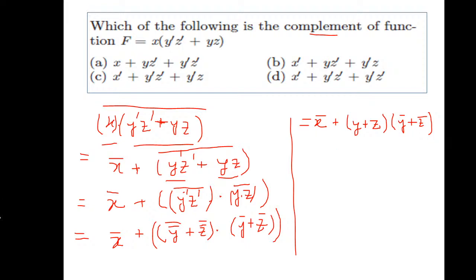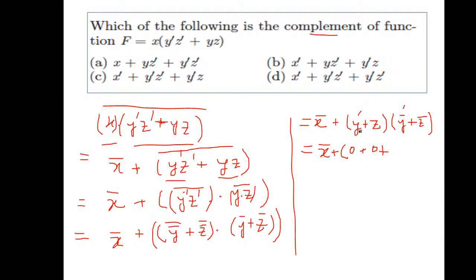Now if you do this one, what you are supposed to get? You have to multiply y with y bar, that will give you what? So I am writing x bar first, then y, this will be plus, then y into y bar will give you 0, as well as z into z bar will also give you 0, right? So what are the two other product terms that you will be having?